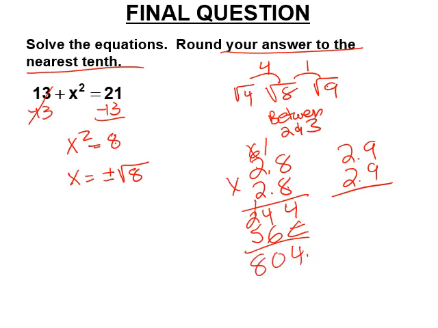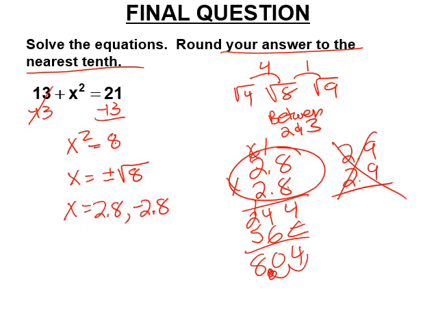Oh my goodness, there it is. 8.04. It was 2.8. I added 8 and 8 instead of multiplying them. Bad mistake. Okay, so it's right. So the square root is those numbers there, 2.8 and negative 2.8. I will talk to you again tomorrow.